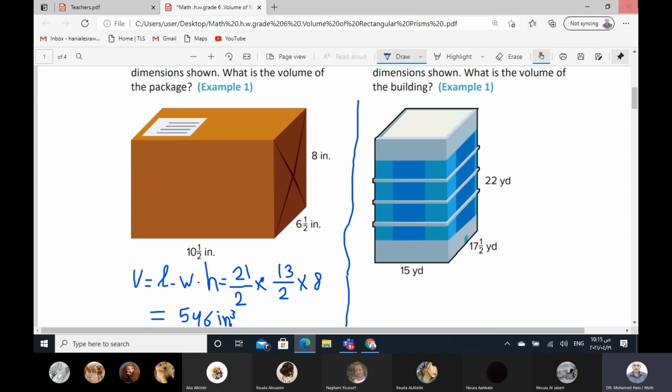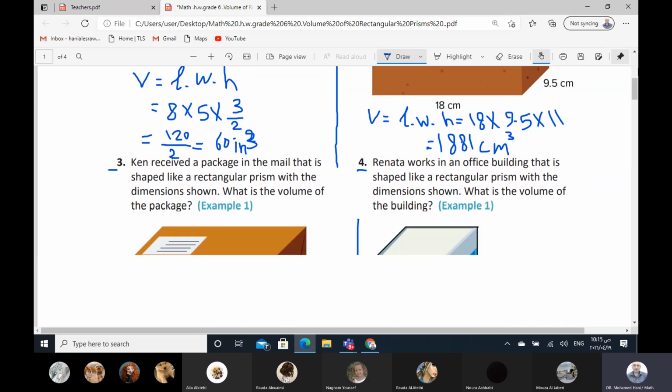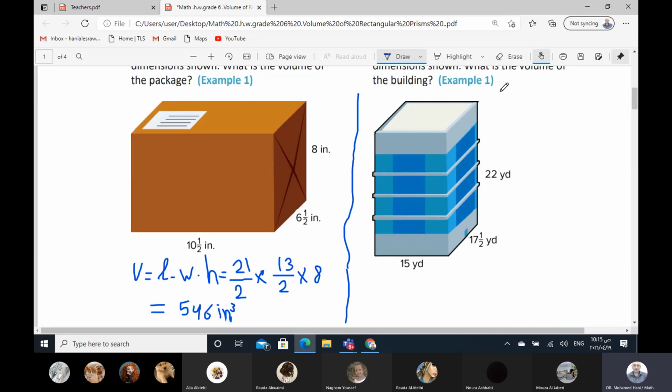Start from the formula. V equal length times W times height. Then substitution.